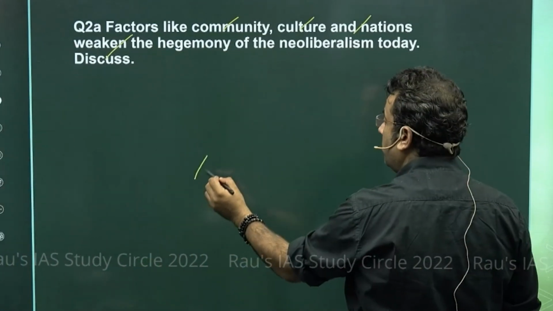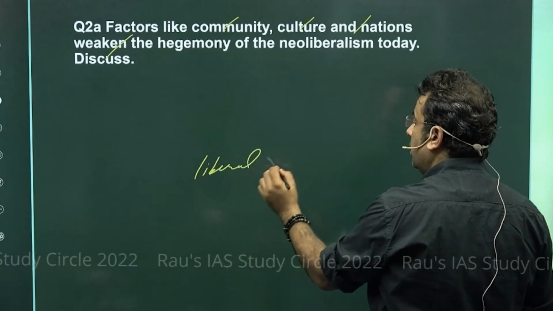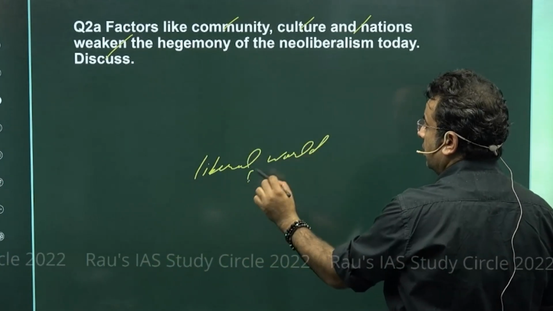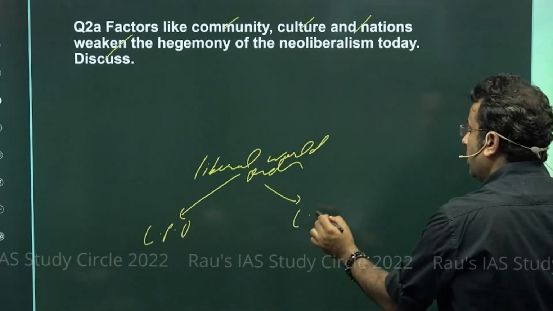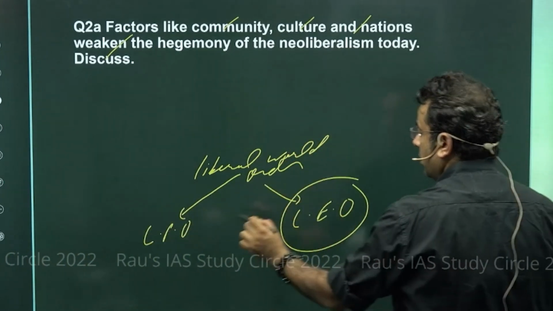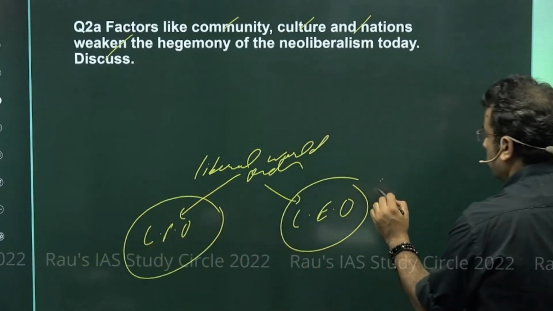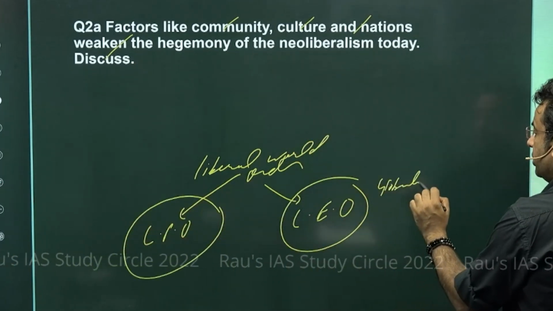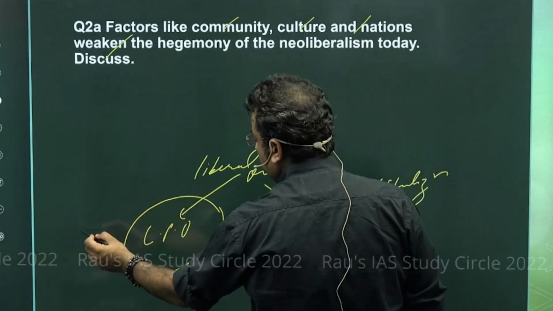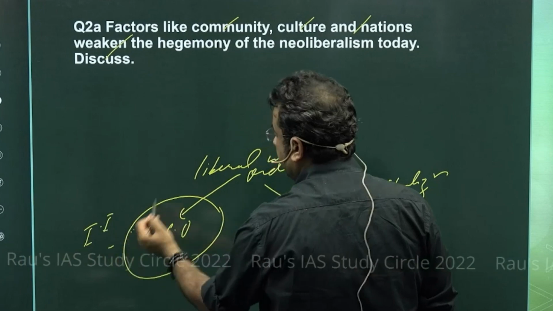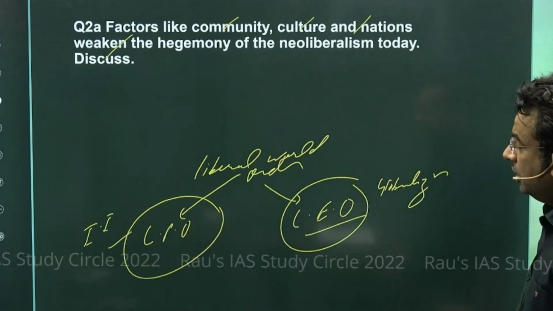When we talk about liberal world order, it has two dimensions: liberal political order and liberal economic order. Forces of globalization will strengthen the liberal economic order. International institutions and organizations will strengthen the liberal political order.